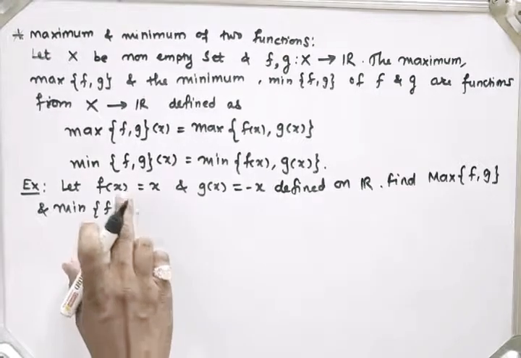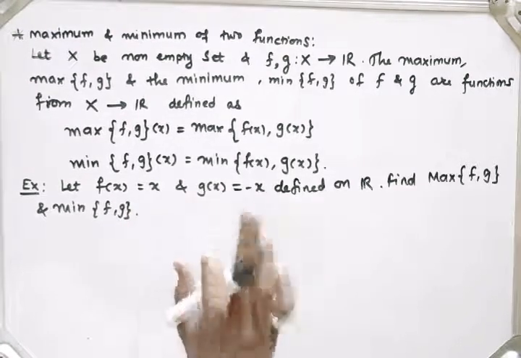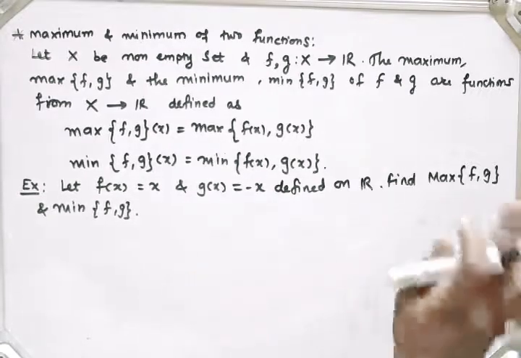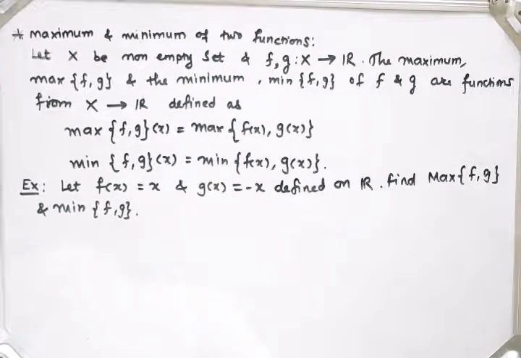So we have given two functions: f of X is equal to X, g of X is equal to minus X. We have to find maximum and minimum of the two functions.